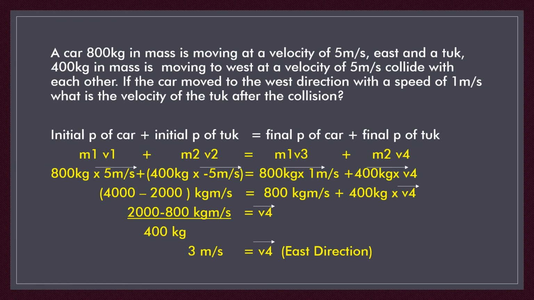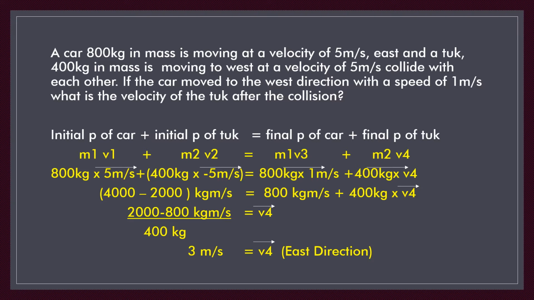Let's move on to a problem that is related to momentum and collision. A car with a mass of 800 kilograms is moving at a velocity of 5 meters per second to the east.